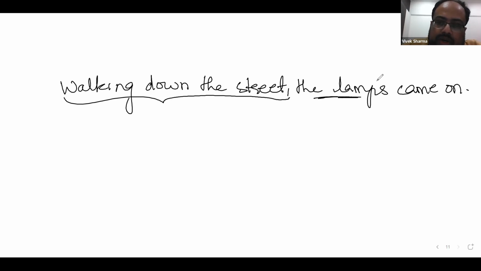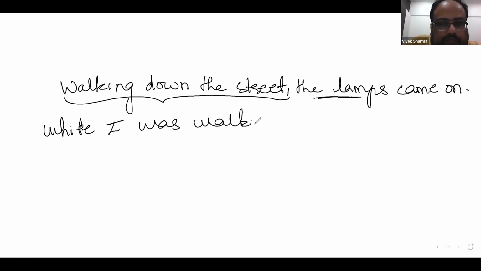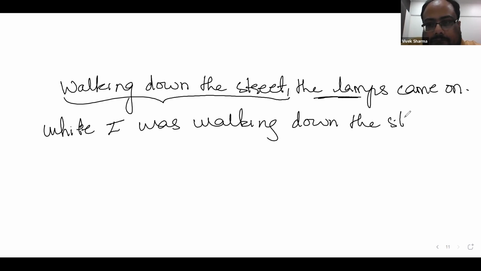But in this case, you will notice that it does not say who was walking down the street. So in that case, you can add a subject of your choice. So I can say, while I was walking down the street, the lamps came on.